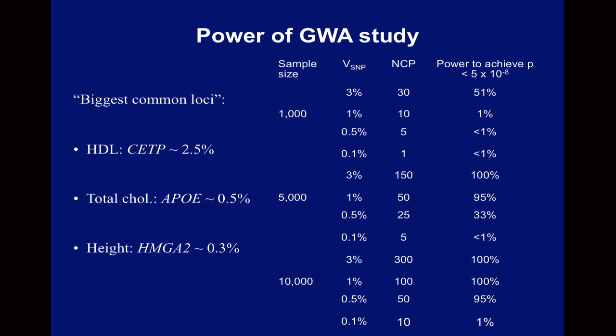Then with 10,000 people, you get relatively good power, already down to 0.5%, but again, if you're looking for really small effects like 0.1%, you have no power at all, and you would need to increase sample sizes even further to detect loci of this small effect.